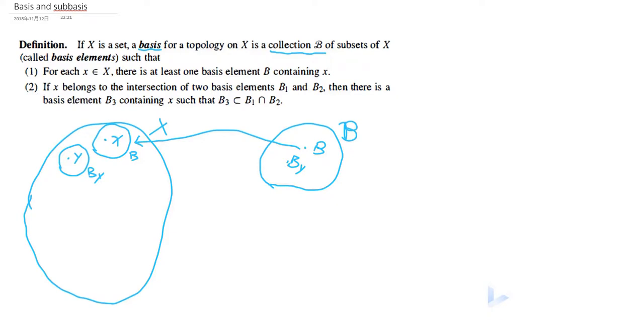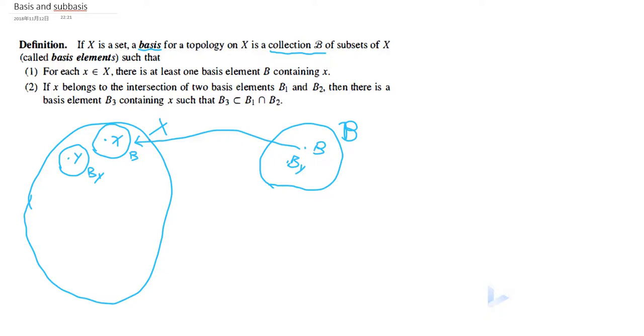And the second property is that if x belongs to the intersection of two basis elements, B1 and B2, then there is a basis element B3 containing x such that B3 is contained in the intersection of B1 and B2.